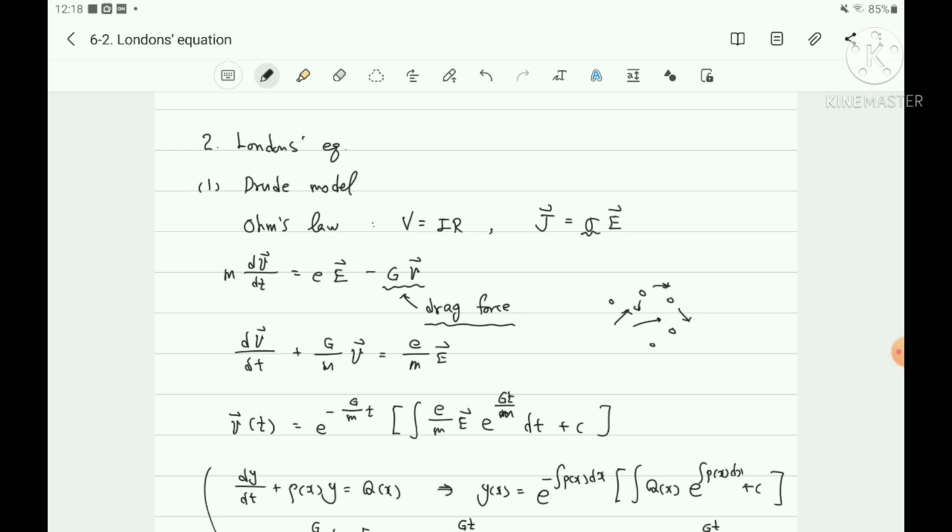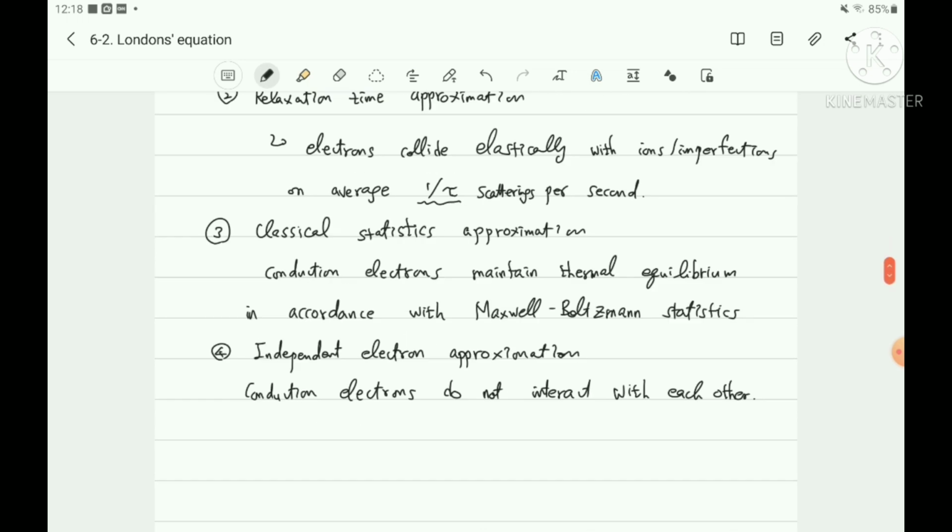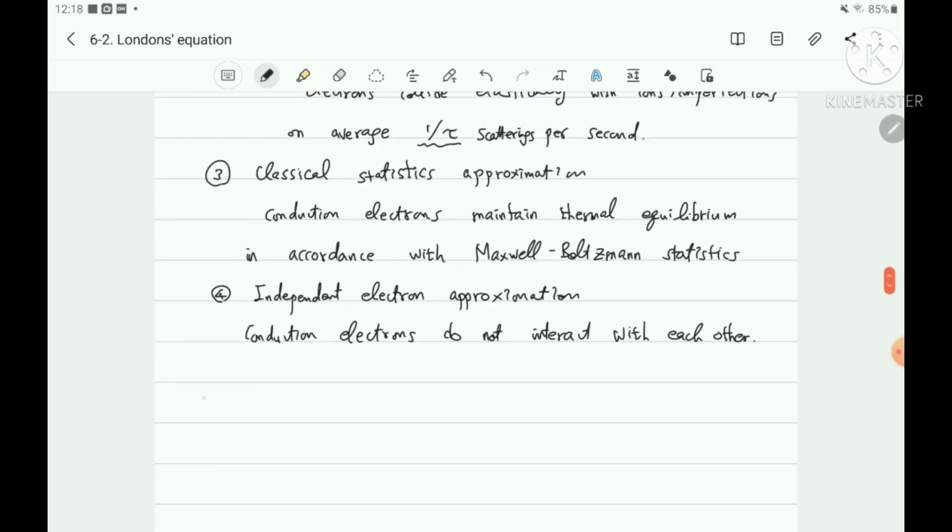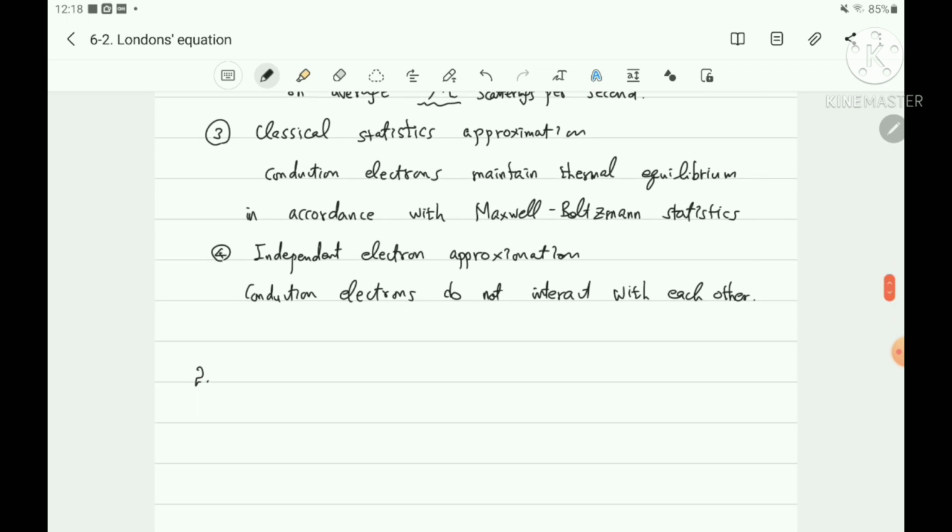Zero resistance can be understood as there being no drag force, no interaction between the electrons and imperfections, as in the Drude model. So let's think about the London equation.